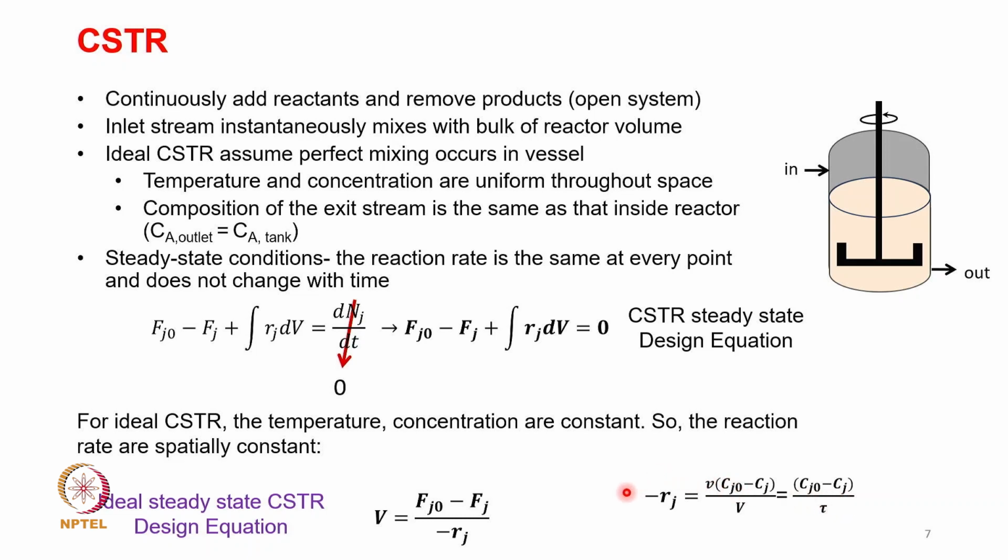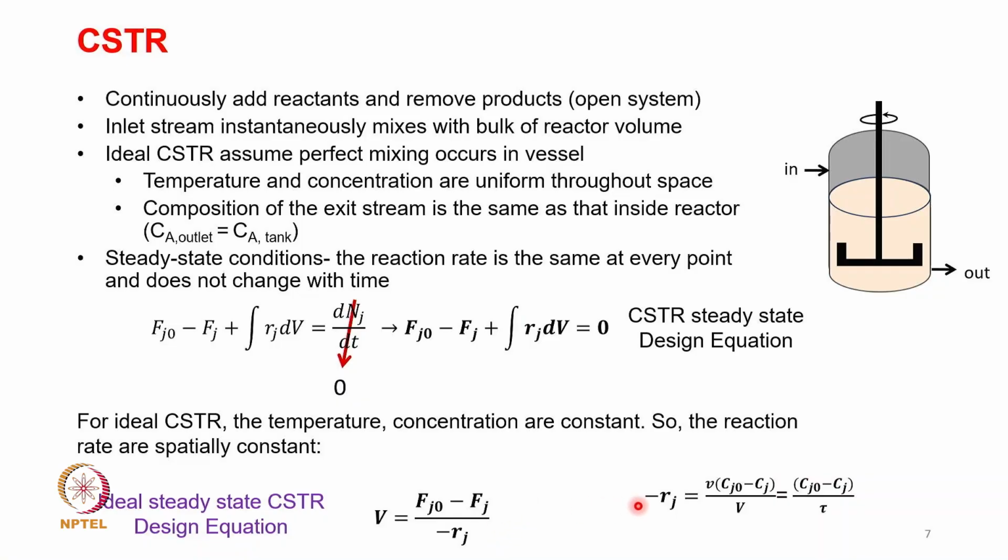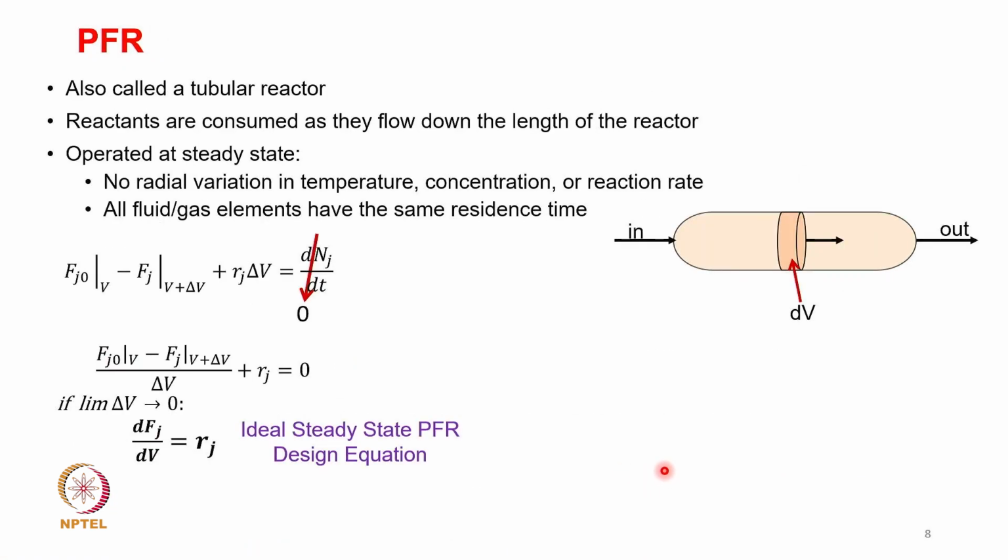This is another way of representing the design equation, in terms of concentration and the residence time tau, while the other form is directly in terms of the volume, the rate and the molar flow rate. We can use either of these. We will use this particular relation at a later time when we do the attainable region design, so let us reserve it for now and get back to it then.